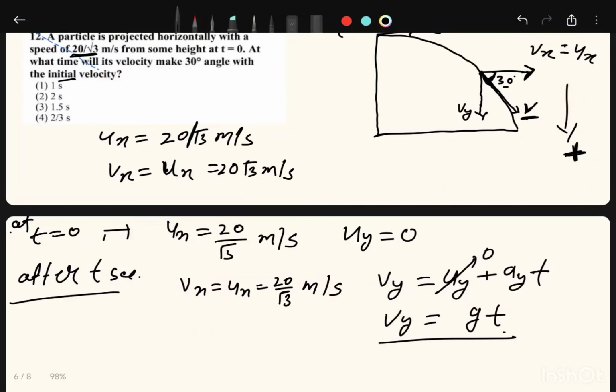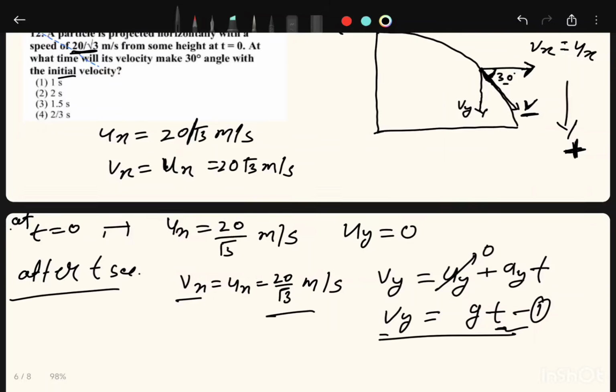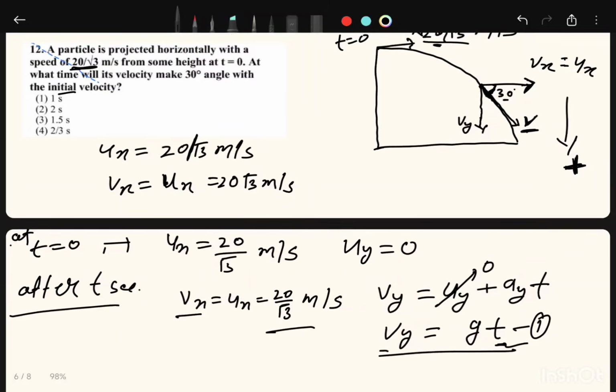We have to find this time t. So what do we need? We need this vy because we already know g, right? Vx we have, but we have to find out vy so that we can get the time, right? So how can we get this vy?